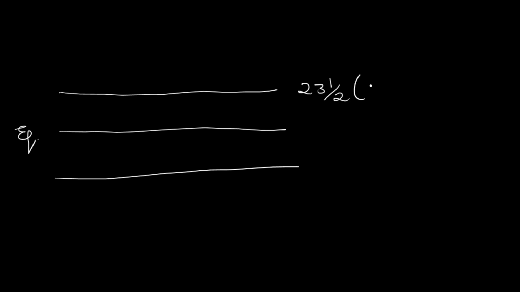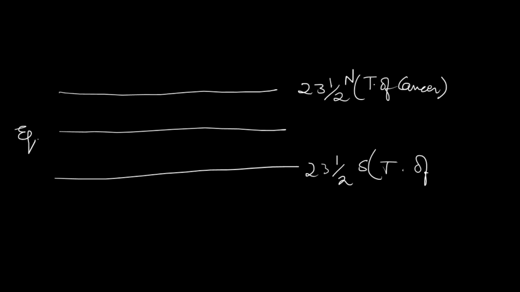This is Tropic of Cancer, and this is 23 degree south. This is north. This is south. This is Tropic of Capricorn. So what is the apparent movement of sun on June 21st?